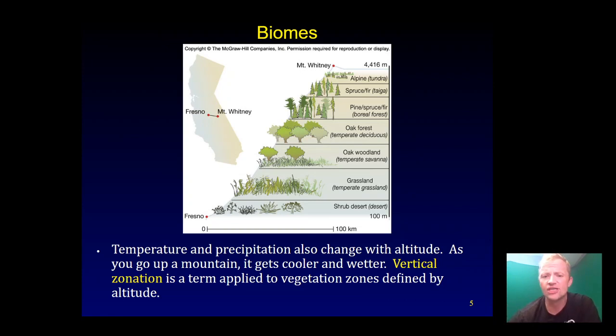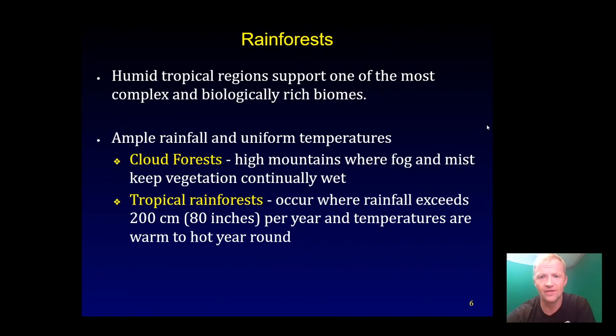So then it changes into a grassland area, then oak woodland, oak forest, and then you might get all the way up to the top where it's polar and you have alpine or tundra because it's so cold at the very top. So do know it really depends on latitude on the earth, but also altitude, and that's called vertical zonation. Key term there.